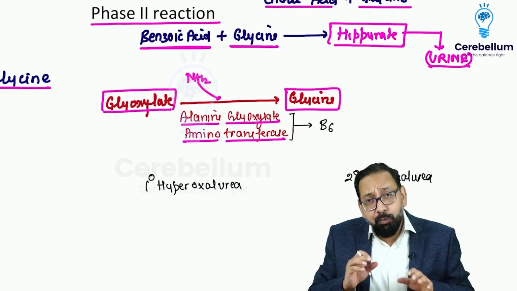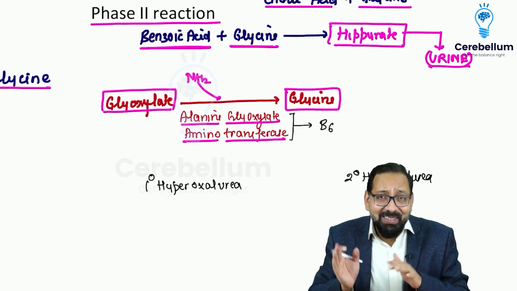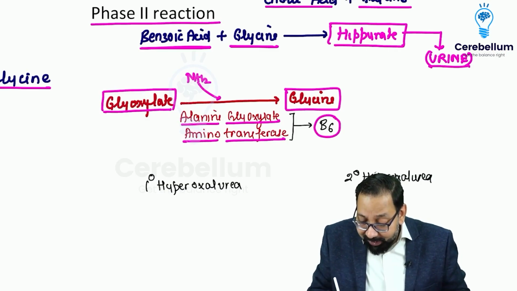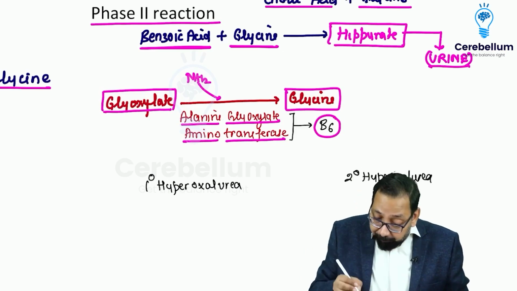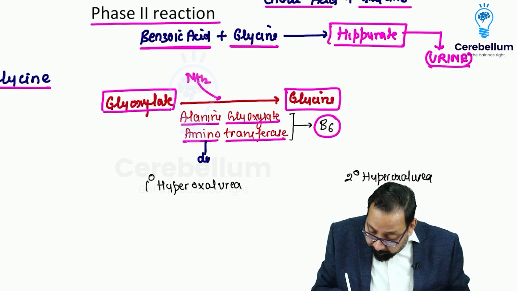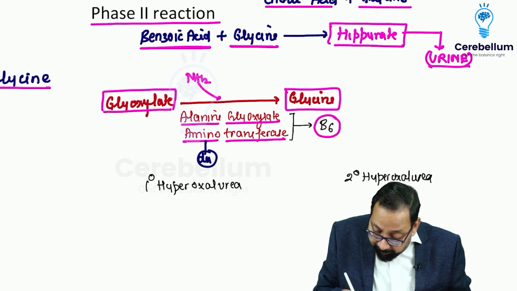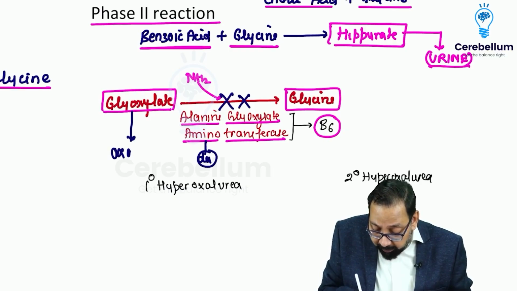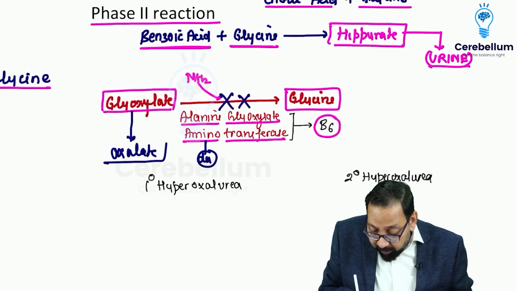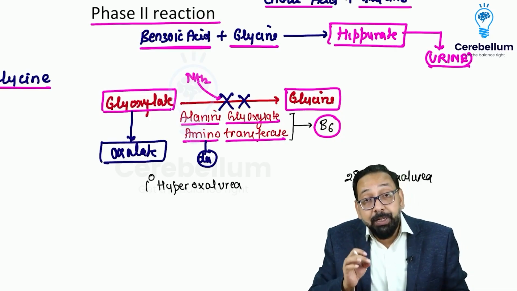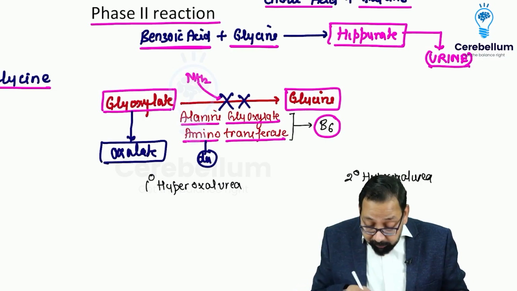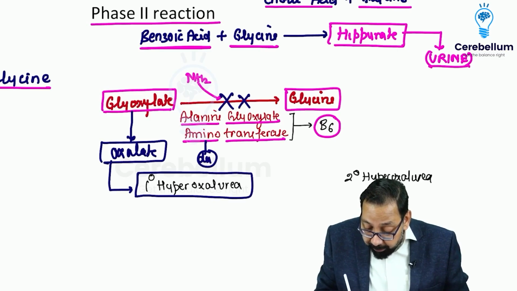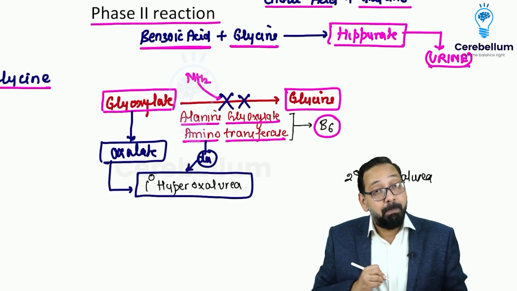And the cofactor for aminotransferase, transaminase, as you know for transamination, is B6. So in this reaction, again, the cofactor is B6. If this enzyme is deficient, then glyoxylate will increase because this reaction will not occur. Glyoxylate will be converted to oxalate. This oxalate increases and causes kidney stones, and this is called primary hyperoxaluria. So this enzyme deficiency leads to primary hyperoxaluria.